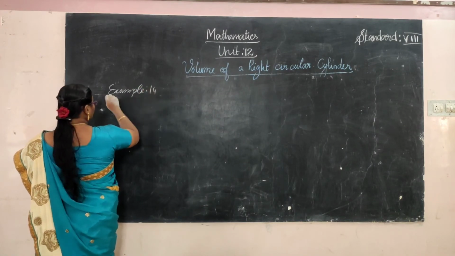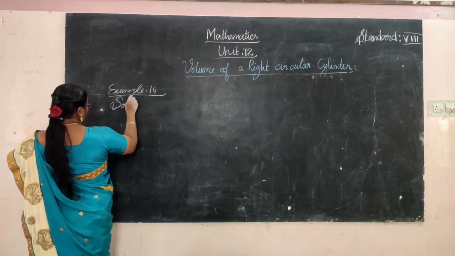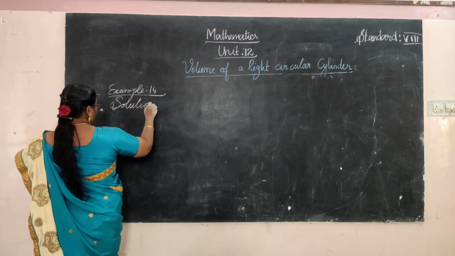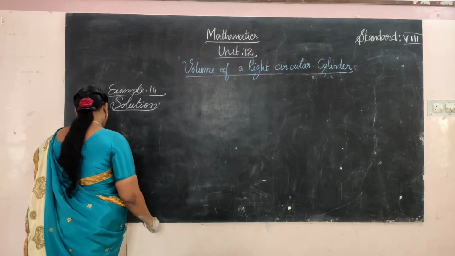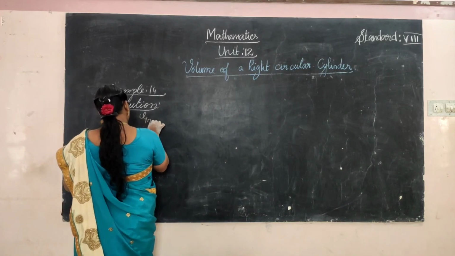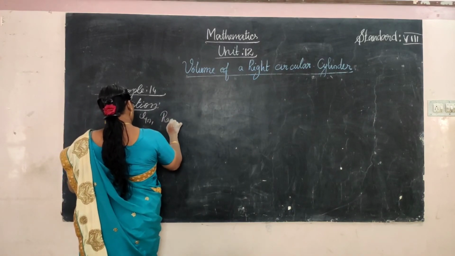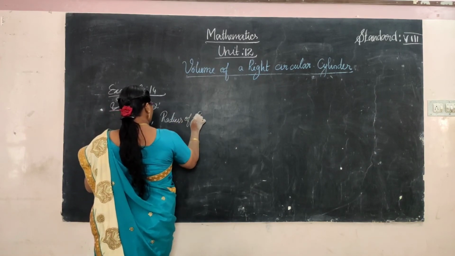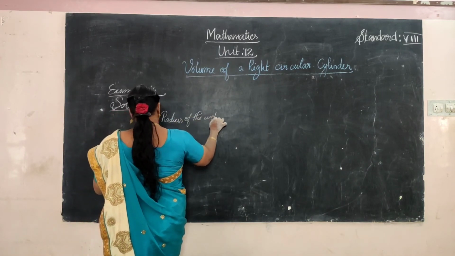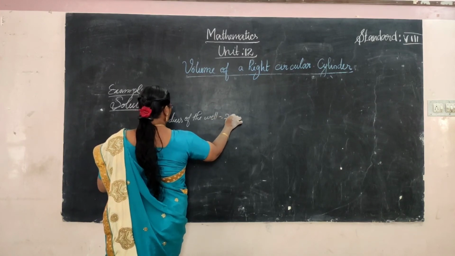Example 14. Given radius of the well is equal to 2.8 meter.